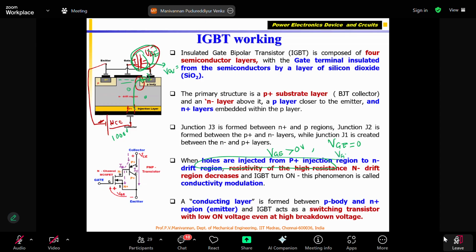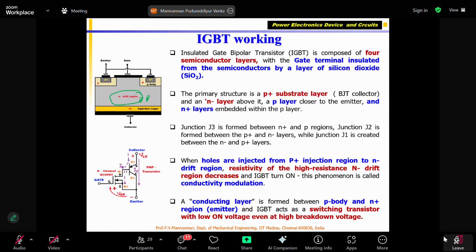When VGE is greater than 0, then what will happen? The holes will be injected from the injection layer. This happens. Okay. So what happened now? Once the holes enter here, what will happen? The high resistivity of this region. I said very few electrons are there. That means the conductivity of the N minus or drift region is very bad.